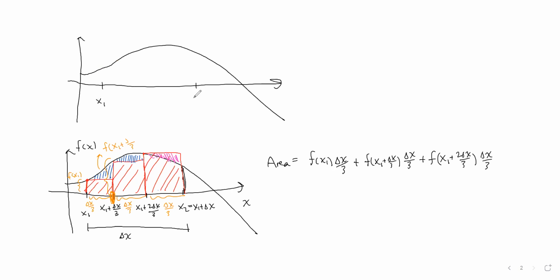So x1 and x2. Now, look at the rectangles I'm about to draw. What if I drew very small rectangles? Go up to the function, over and down, up to the function, over and down, up to the function, over and down.